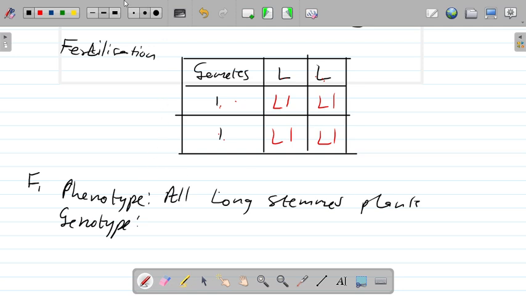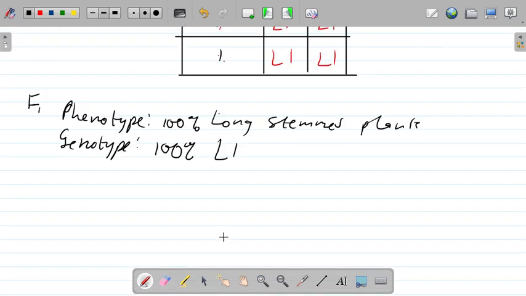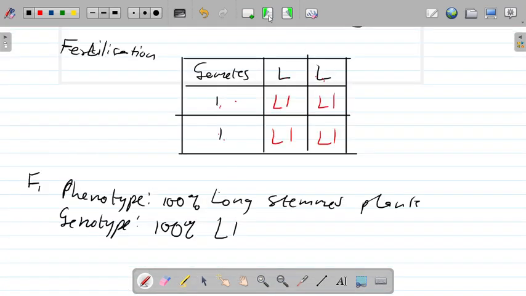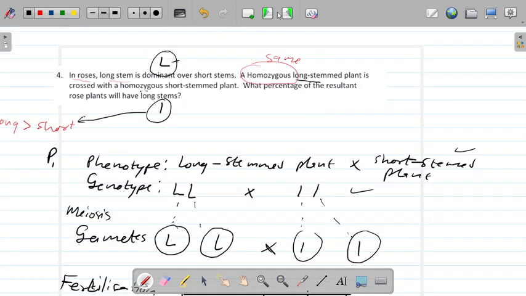So that means you're going to say 100%. Then 100% of them will be heterozygous Ll. That is how we answer that question. They are all heterozygous. So there's really nothing to it when we draw Punnett squares.